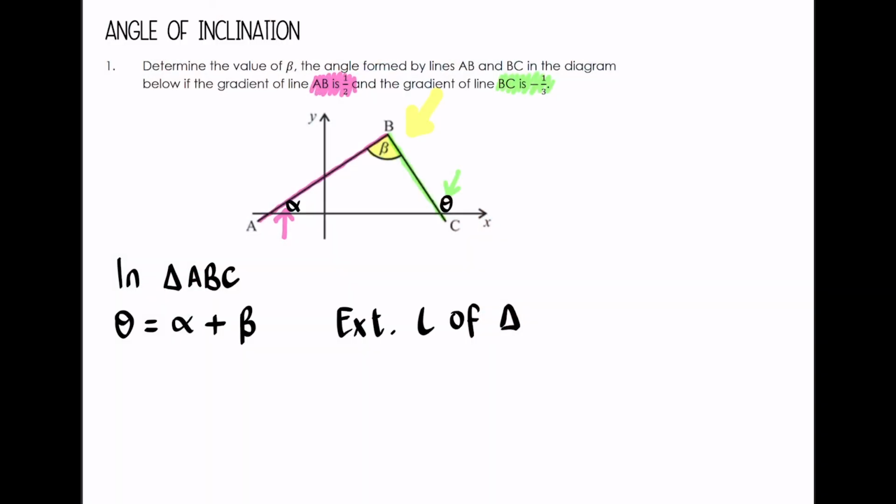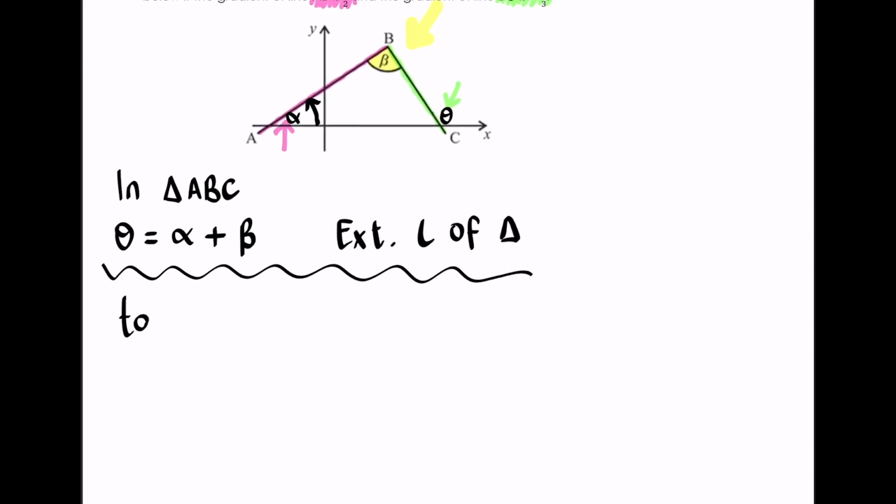So we're going to start with alpha, and as you can see over here, alpha is the angle of inclination of line AB. All right? So that means that tan alpha will equal the gradient of AB.